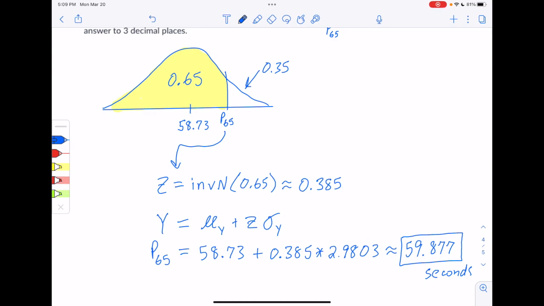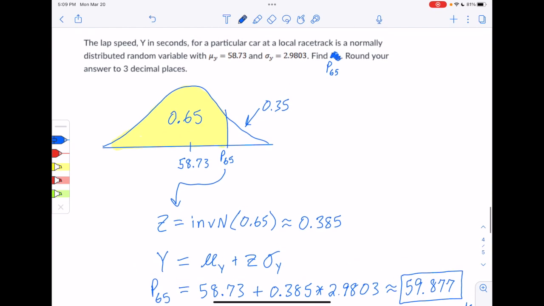Just a little bit of thought about what might have gone wrong or what some of the common mistakes are. One of them is making sure that that 65% or 0.65 area is drawn to the left side. If you mix that up, that's going to change things quite a bit. Make sure you're using inverse normal because you're starting off with area and then you're trying to find a boundary.